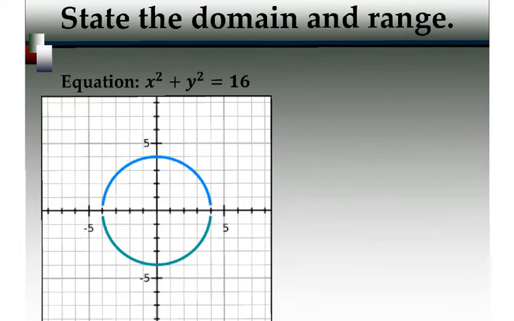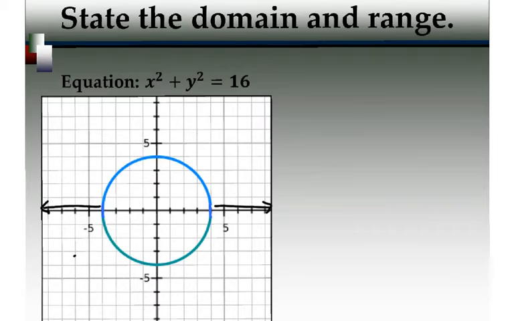Okay, for this graph, I'm going to fill this in right here because it's supposed to be closed. It's a circle that goes all the way around and connects together right there. And for the domain, it's all of your x values. There is nothing past that point on this graph, or before -4. And then there is nothing after +4. So for that portion that I just drew in black, there are no x values for this equation.